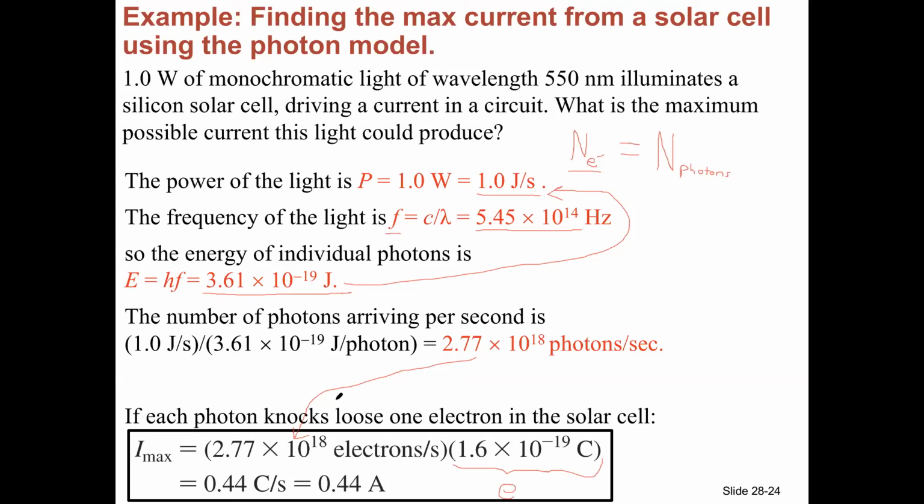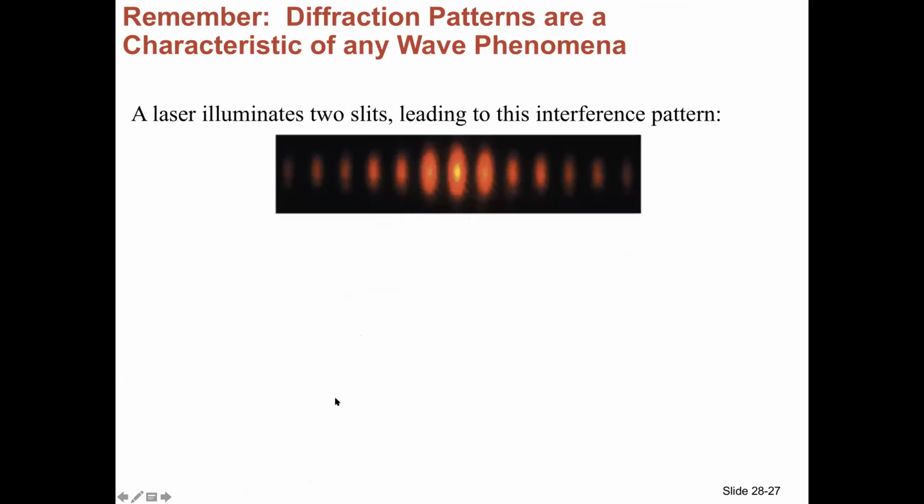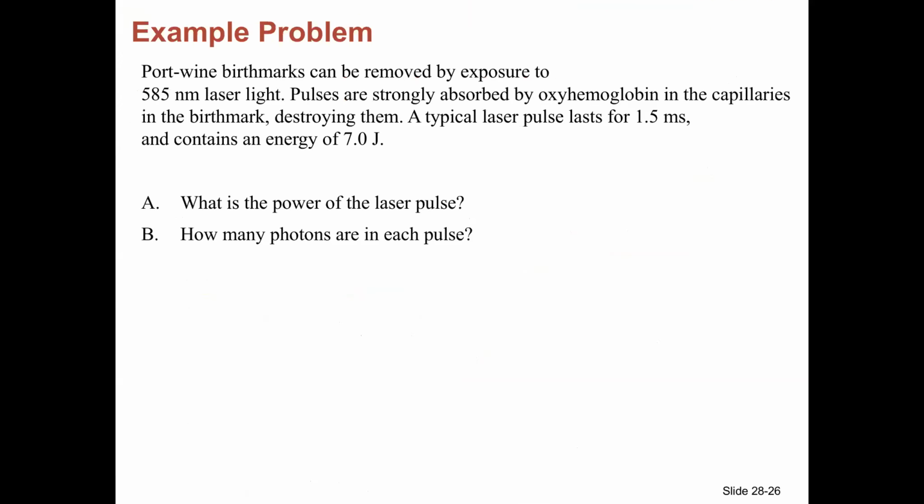So let's see here. This is going to be an example problem for you guys to work through. The setup of the problem is that we have laser removal of birthmarks happening here.